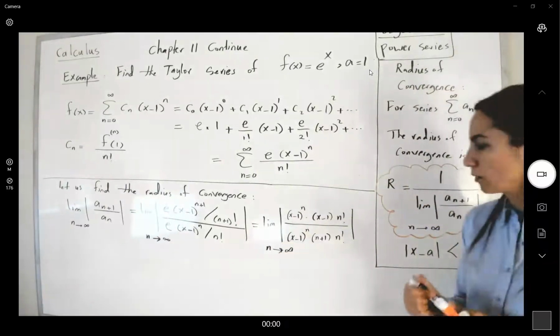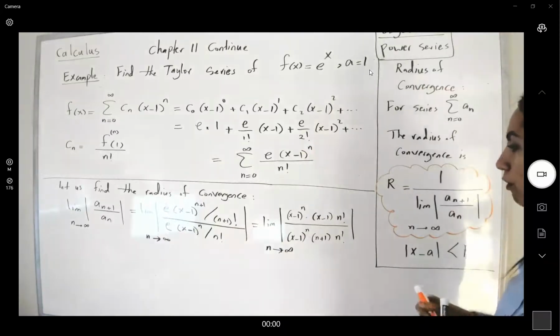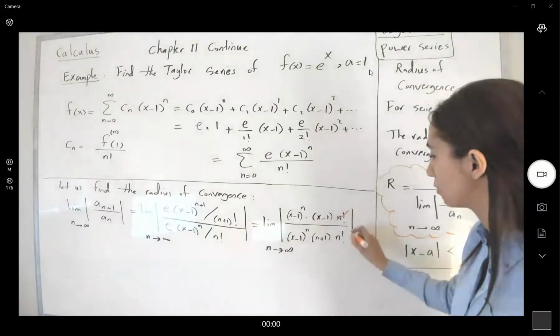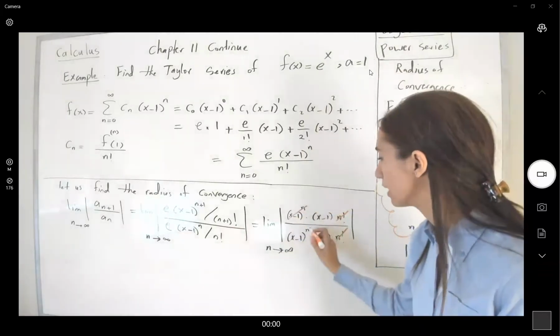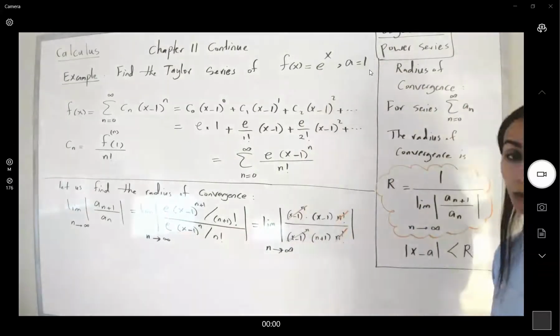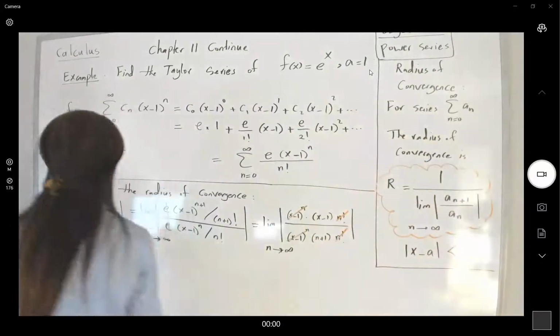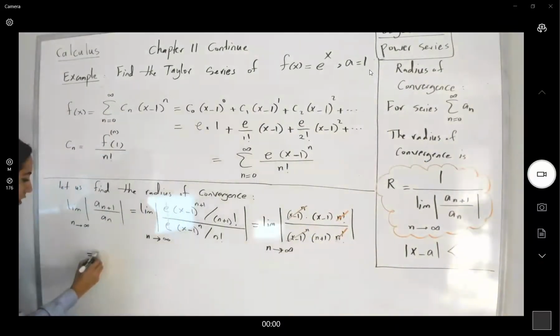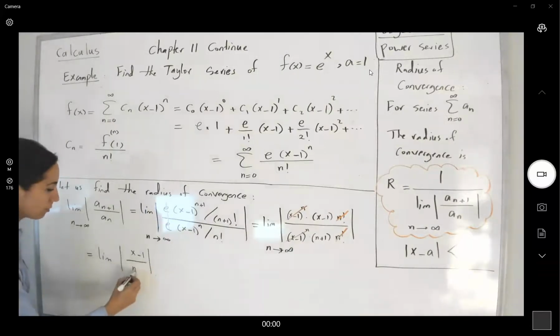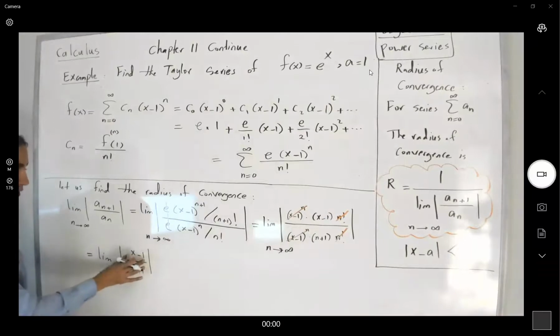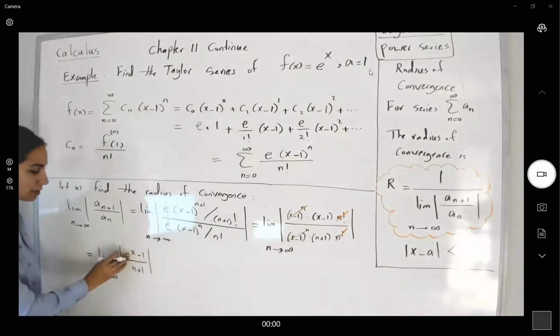Well, we can cancel out more things: n factorial, n factorial, (x-1)^n, (x-1)^n. What is left? You have the limit of the absolute value of (x-1) divided by (n+1) as n goes to infinity. The only problem is x.